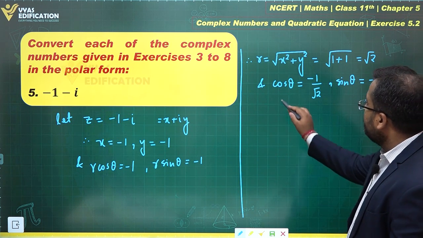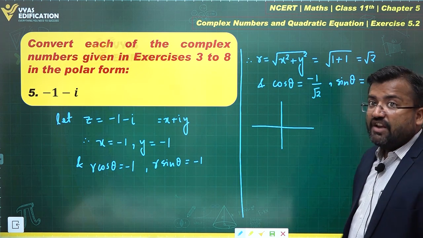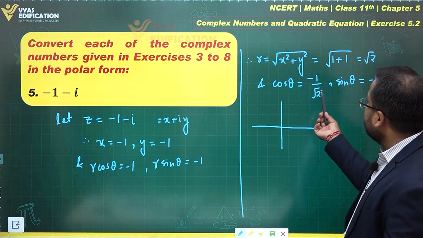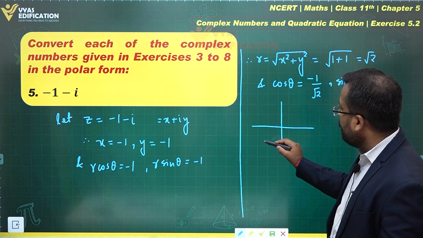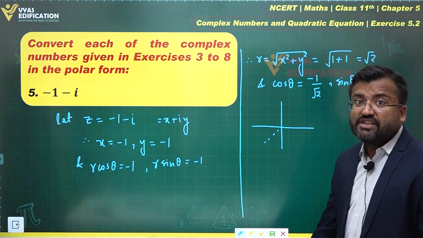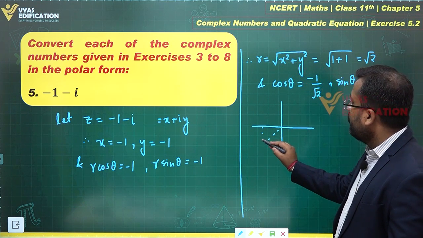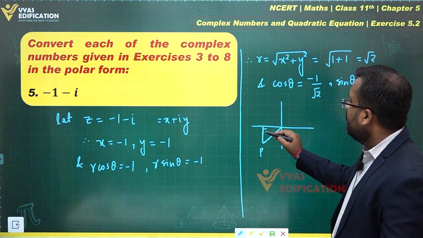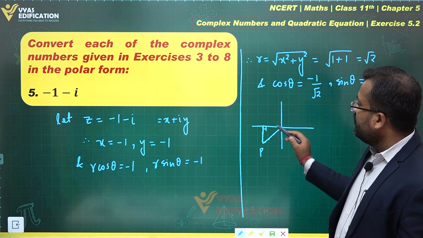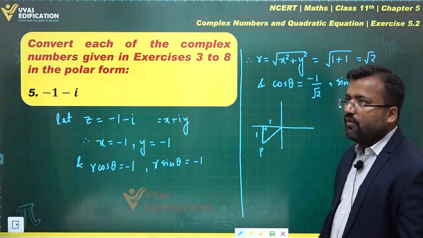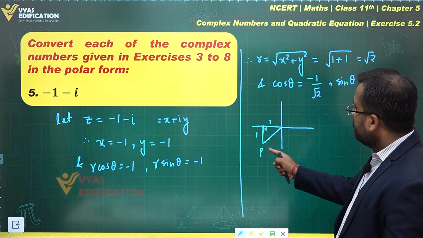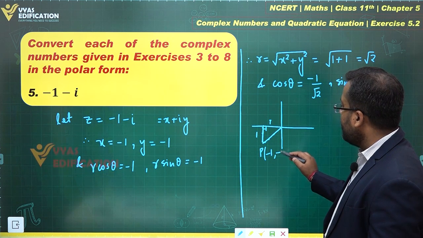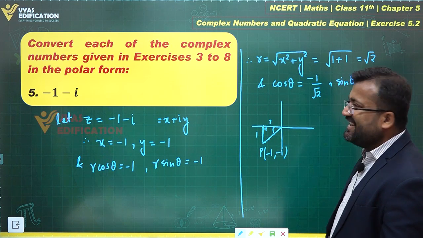On the basis of this, you can guess in which quadrant theta lies. Since cos theta and sin theta both are negative, theta lies in the third quadrant. The point P, as you can clearly observe, is minus 1 comma minus 1. So this point P has coordinates minus 1 comma minus 1, and on the basis of this, you can find this alpha easily.